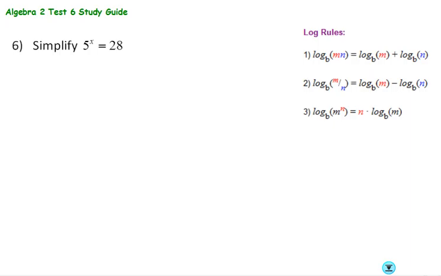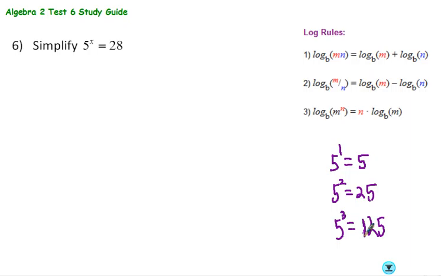This says simplify 5 to the x equals 28. Alright, so on the back side, this is where we start getting into, what if we can't do this mentally? What if we need a calculator? So that's what these problems begin to address. Think about the powers of 5, by the way. 5 to the first is 5. 5 squared is 25. 5 cubed, 5 times 5 times 5, is 125.